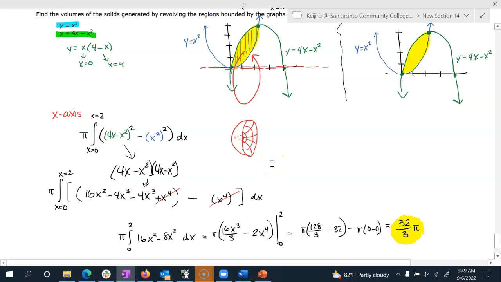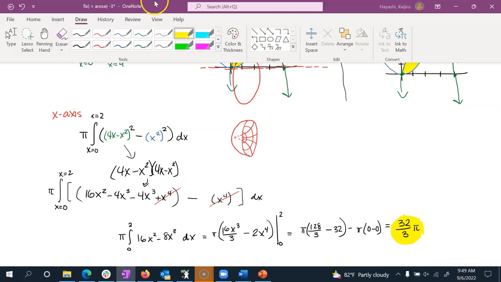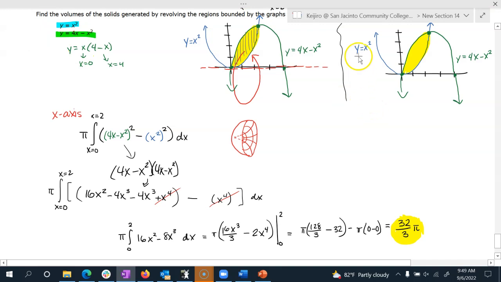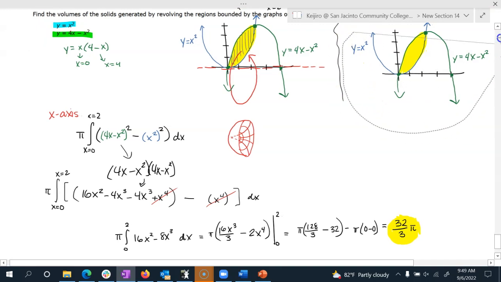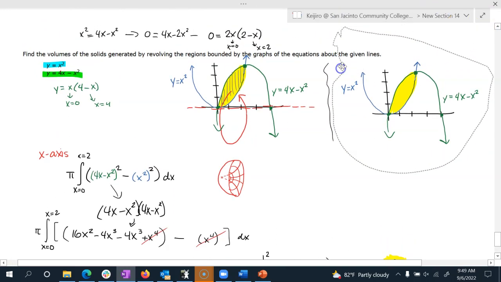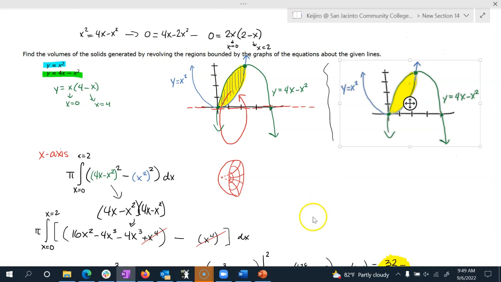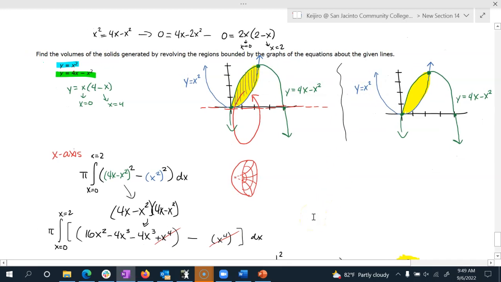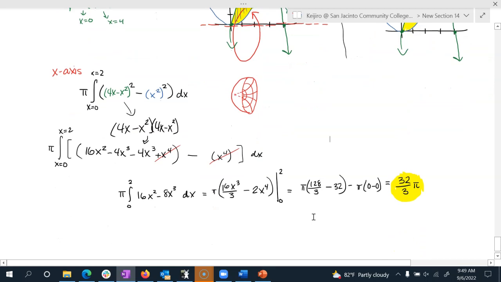Okay, so that's the more straightforward of the two, the one where the axis of rotation is just the x-axis. Now, what if the axis of rotation were not the x-axis, but instead the line y equals 9?